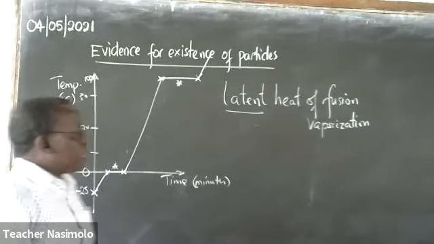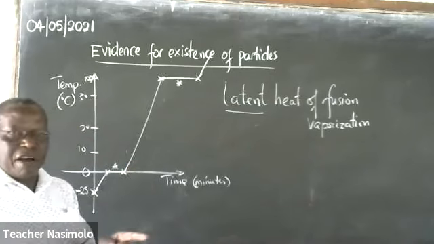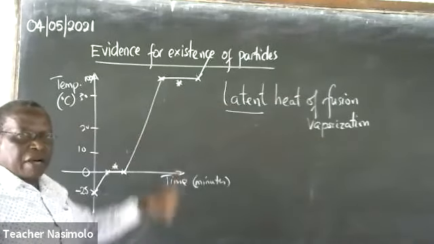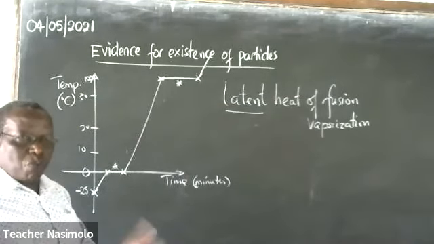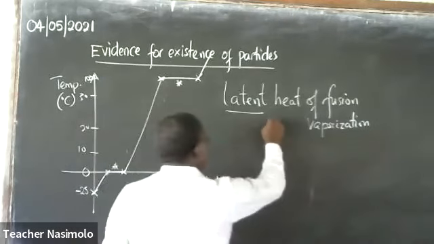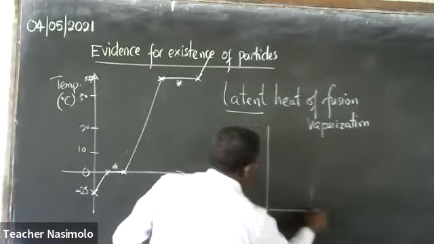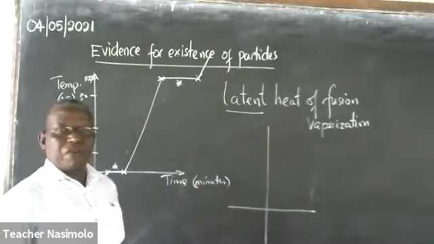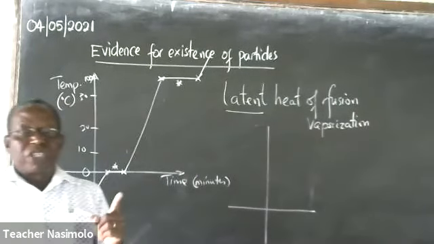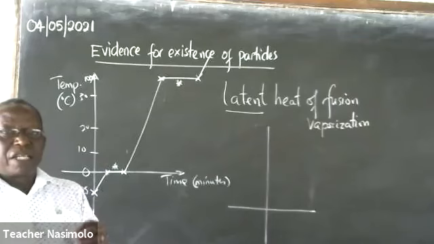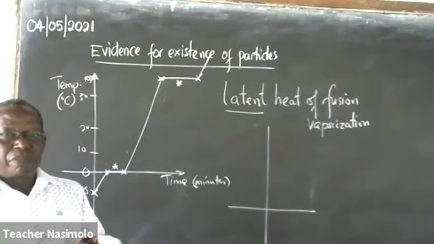Now, when we came to the cooling curve, this was the heating curve. Now, I requested you to draw the cooling curve. Okay. That means I expected you to begin from a high temperature, which represents the temperature of steam.